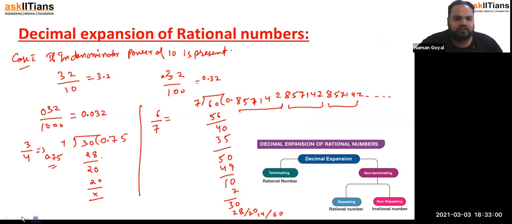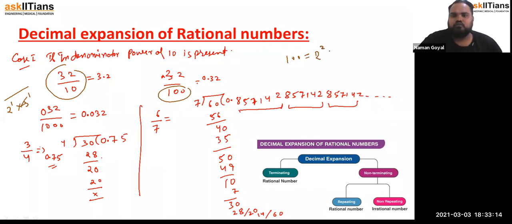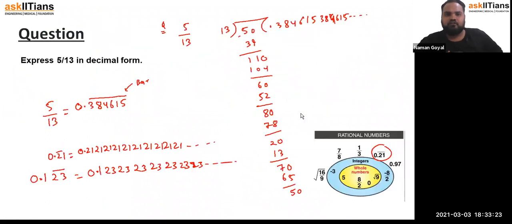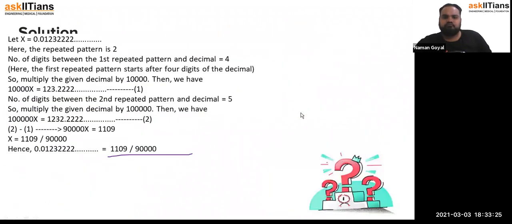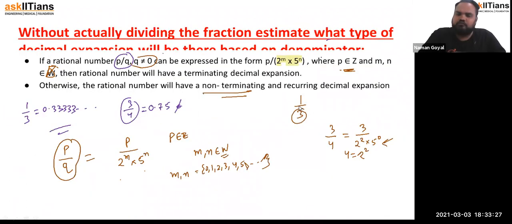For 32 by 10, 10 can be written as 2 raised to power 1 into 5 raised to power 1. Got it? Now 100 can be written as 2 raised to power 2 into 5 raised to power 2, right? Got it? 3 by 4 again. 7 is not written in that form, that's why it is non-terminating. Got it? Are you getting my point? Okay. Very simple, na?